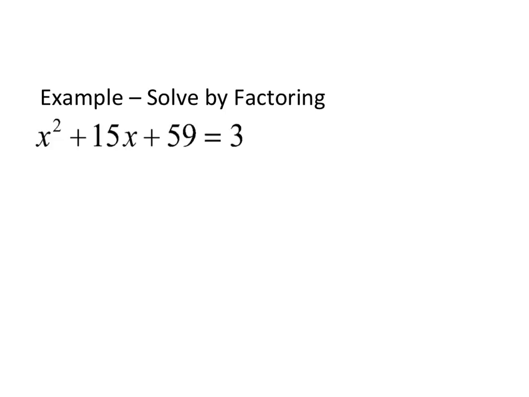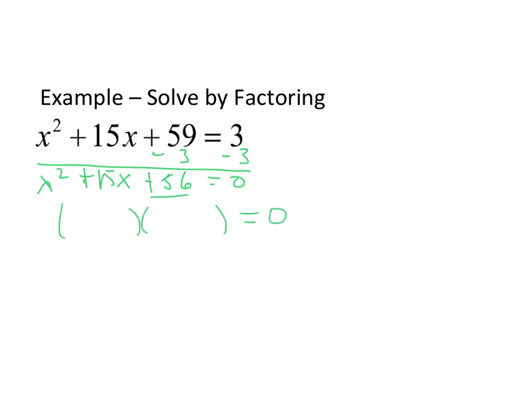We're going to take a look at a few more examples to make sure we really truly understand what's going on. These are not in your notes, but feel free to add them for more reference. Just like before, I want to have my equation equal to 0, so I'm going to subtract 3 on each side. X squared plus 15x plus 56 equals 0. 56 is positive, this constant, so that means my signs are going to be the same in my parentheses.